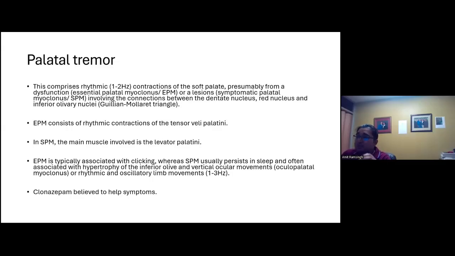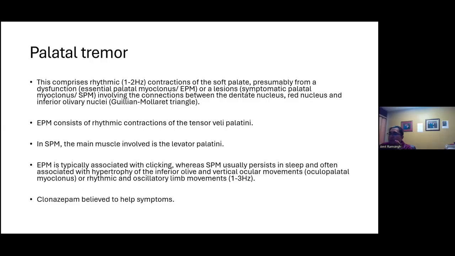And we have symptomatic palatal myoclonus, which is usually more disruptive to the patient. And it involves the disruption in the connections in a type of triangle, an eponymous triangle called the Guillain-Mollaret triangle, between the dentate nucleus, the red nucleus, and the inferior olivary nuclei.